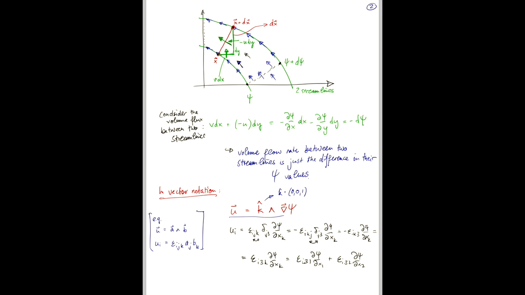And that means, so this is ui, so u1 only leaves us the second term where we have epsilon 1, 3, 2 d psi dx2, and that picks up a minus sign, minus d psi dx2, and u2 leaves you with this term up here. It's just d psi dx1. And that is indeed the same form as we've seen earlier.